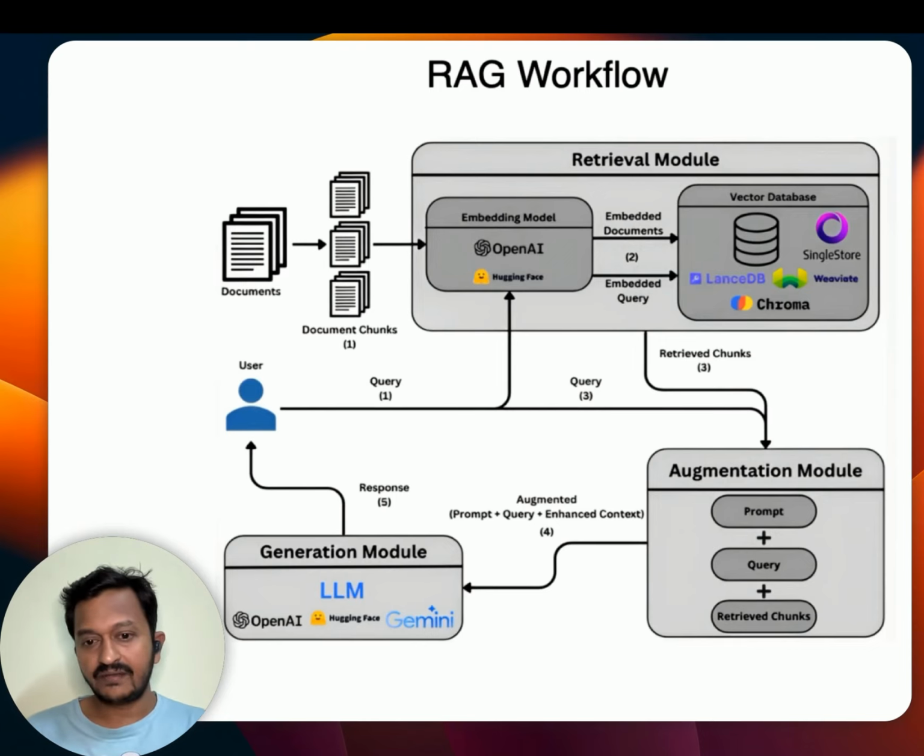Now that you have the prompt, the query, the context and the retrieved chunks, it goes through the large language model to answer back to the user. So this is a simple RAG workflow, and in the next part of this video, let's see how we can use knowledge graphs in our RAG application.